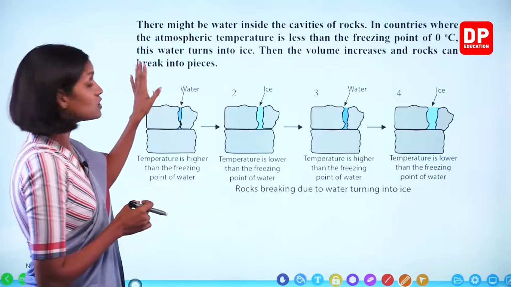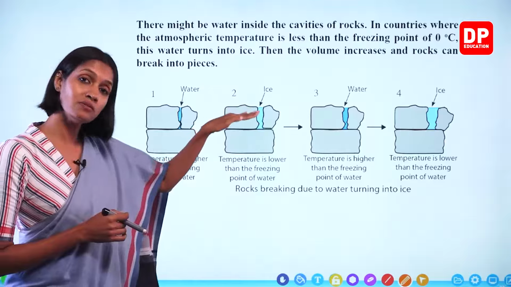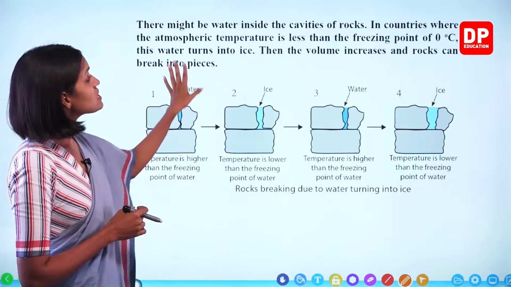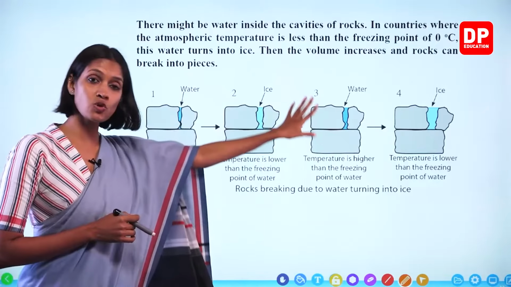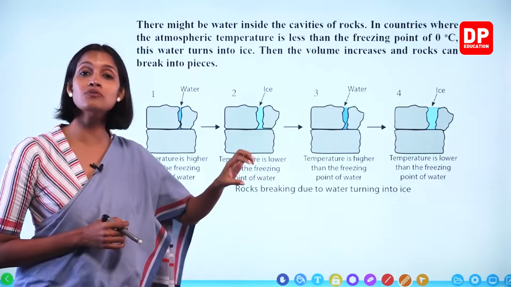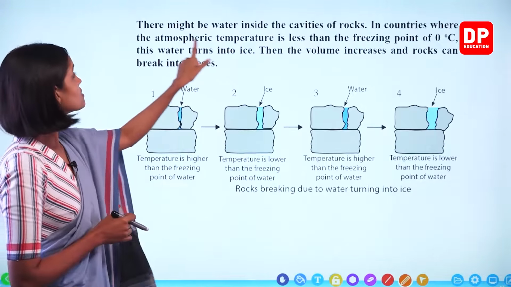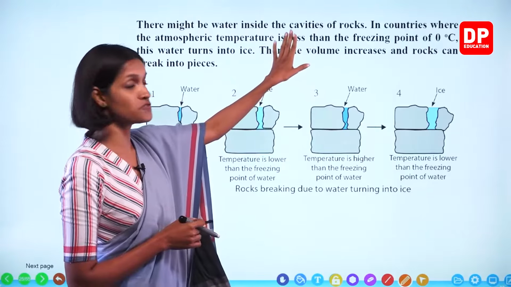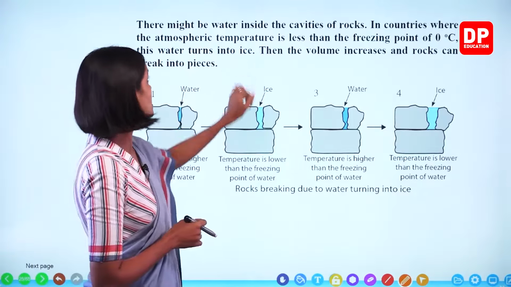So here, during the winter season, temperature is very low, even below the freezing point. When the temperature is 0 degrees Celsius or below, what happens to water? Water turns into ice.